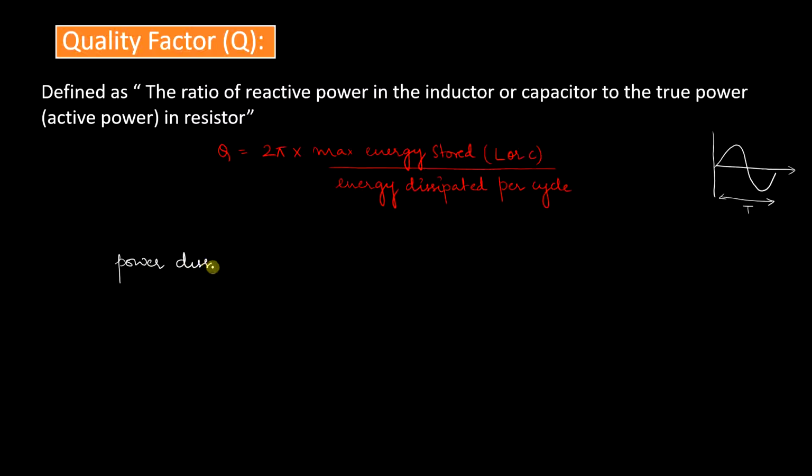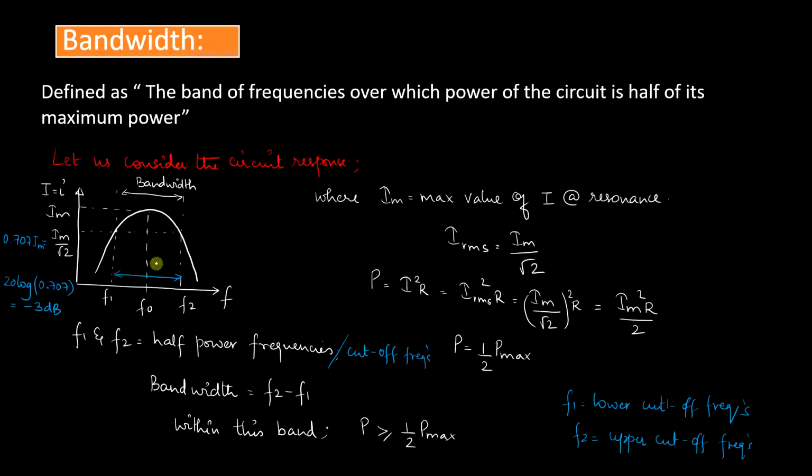In general, we write the expression for the power dissipated P to be equal to I square into R. In this case, we are considering the quality factor within the band. So within this band, the value of the current is Im by root 2.